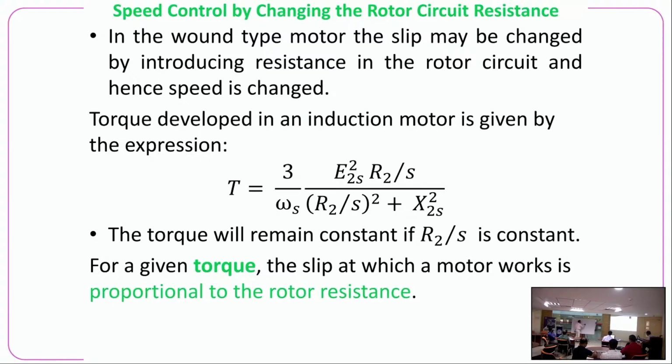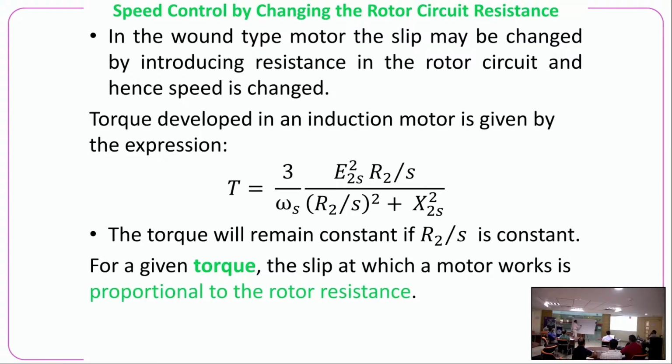This is for one phase; for 3 phases it is multiplied by 3. And this power divided by the speed, 2 pi Ns, is the torque. So this is the torque expression.